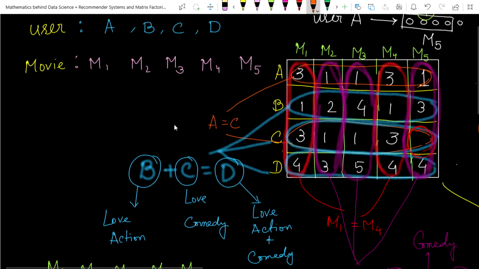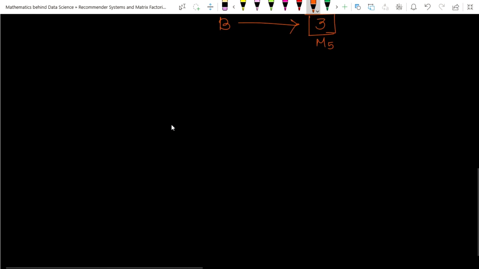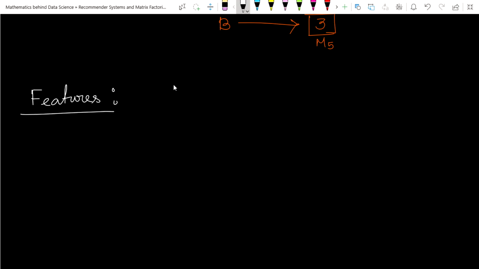First, going into matrix factorization, we have to know some features. What are the features? If you are movie lovers, you know what kind of features a movie has. I am not so much, so you can learn from me.